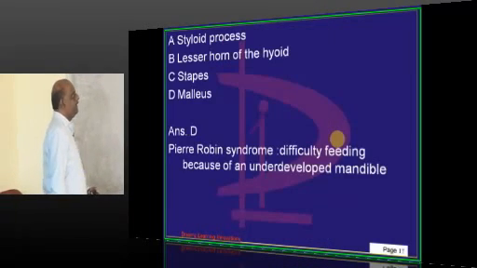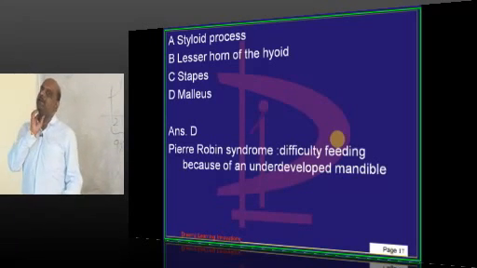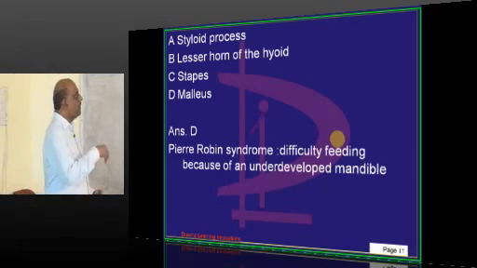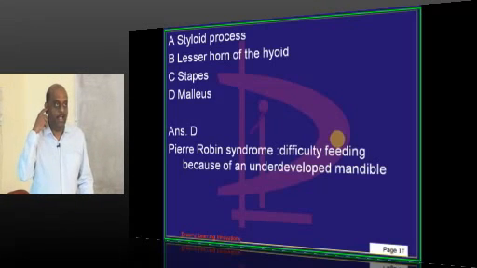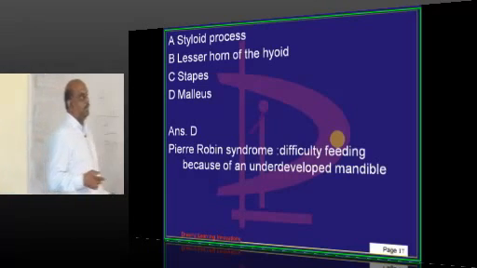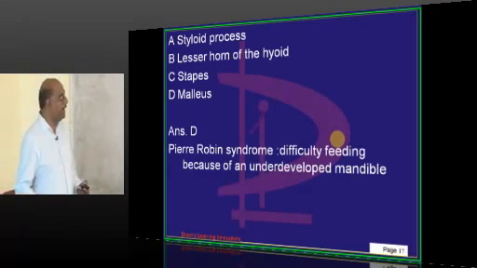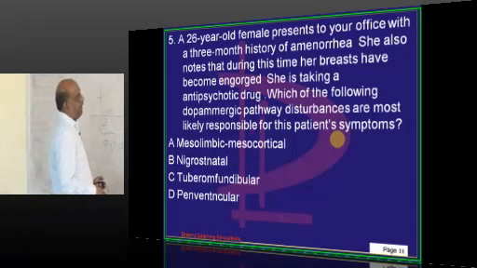Typically, shortness of the jaw is Pierre Robin syndrome, where there is an underdeveloped mandible, and it will also be associated with abnormal formation of the malleus. That is how Pierre Robin syndrome has a problem in hearing.